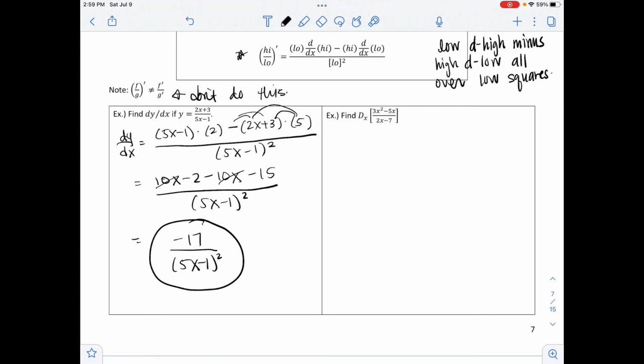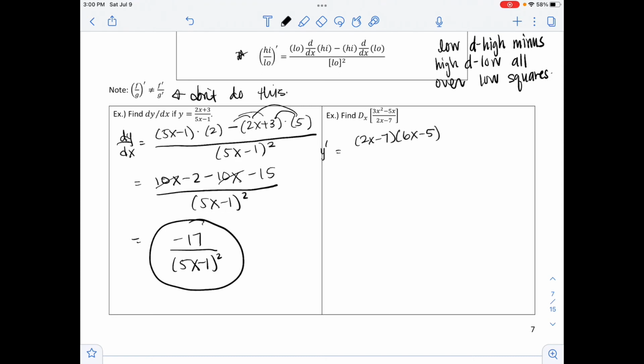So looking at the example right next to this, it says find the derivative. Remember that was another way to write the derivative of 3x squared minus 5x all over 2x minus 7. So our derivative, and I'll just put y prime here, is going to be equal to the bottom, which is 2x minus 7, times the derivative of the numerator, or the d top, and this is going to become 6x minus 5.